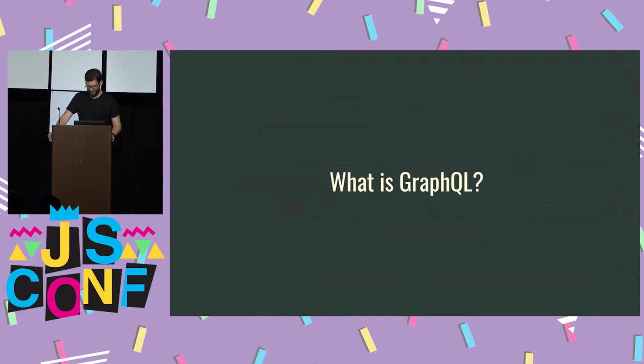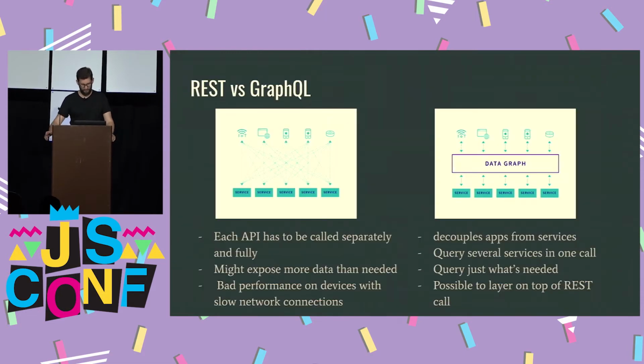So maybe let's start simple. What's actually GraphQL? I guess most of you know REST, and I guess most of you know the issues you got with REST, especially when you have more complex or bigger applications or systems.